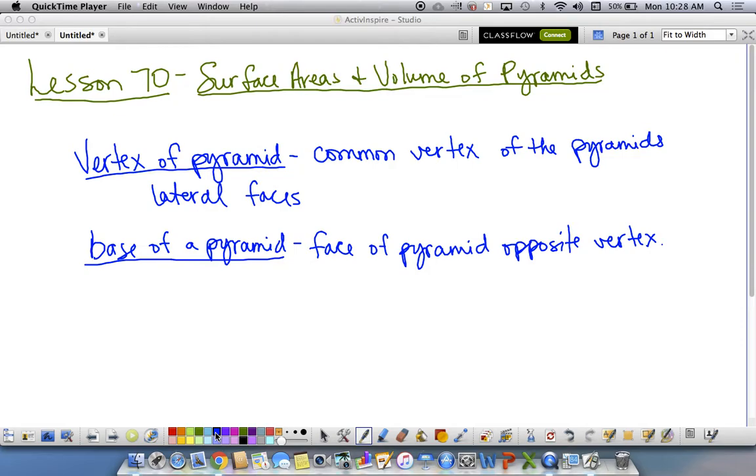Okay, and there's just one base of a pyramid. There's only one. If you have a regular pyramid, it's a pyramid with a regular polygon as a base and lateral faces that are congruent isosceles triangles.